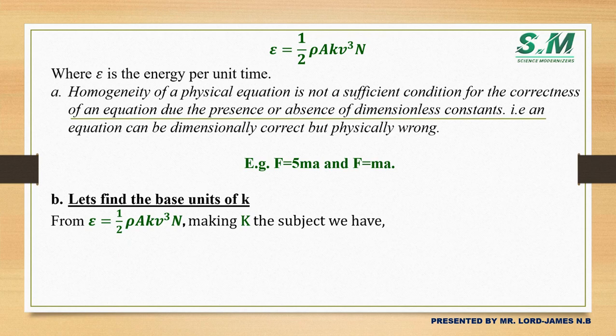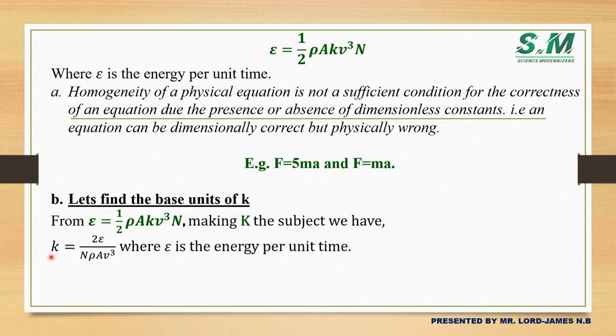So from E, the energy per unit time, if we make K the subject of the formula, we will have that K will be equal to 2 times E divided by η ρ A V cubed, where E is the energy per unit time. I still insist on this.